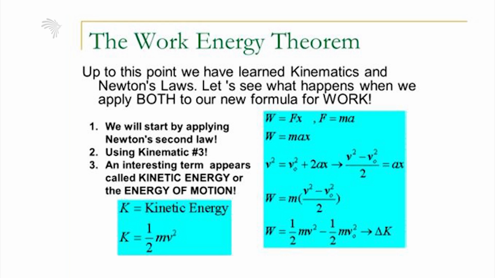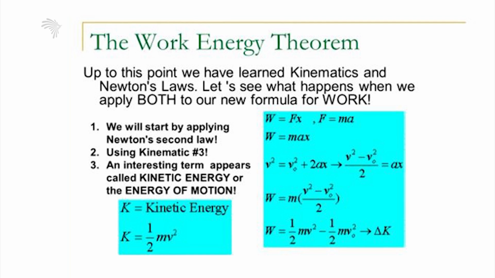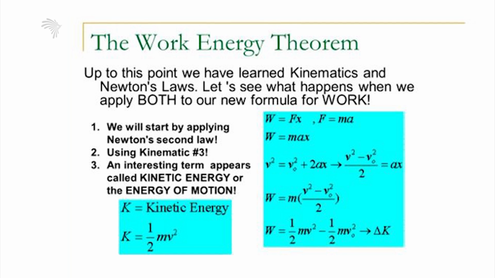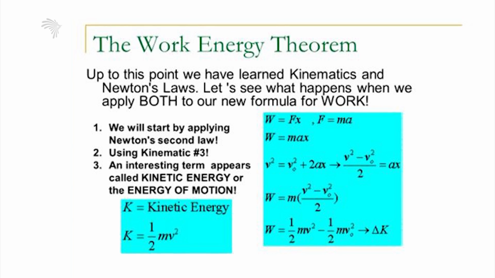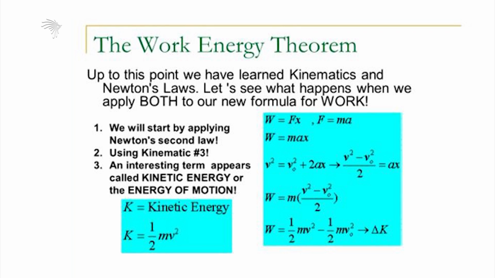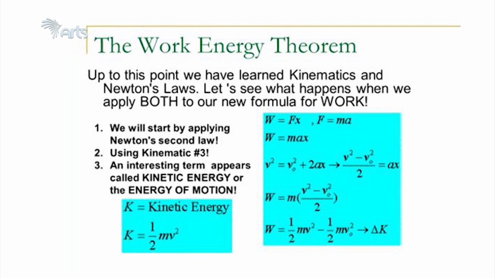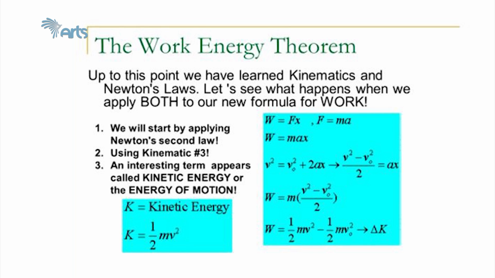Since the force and the displacement are parallel, work W equals F times x. But from Newton's second law of motion, this force equals mass times acceleration, assuming that there is no frictional force. If we substitute m times a for F, then work done equals max.